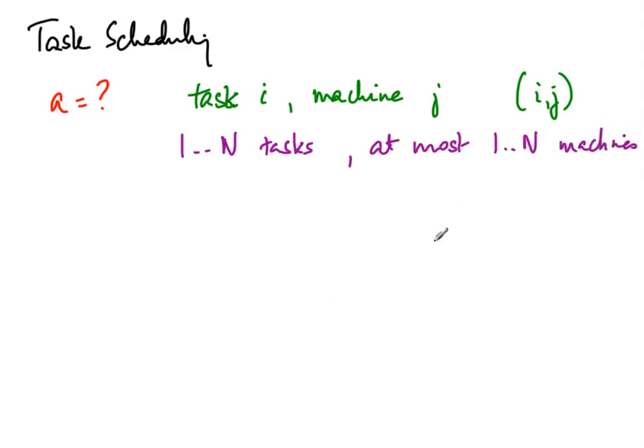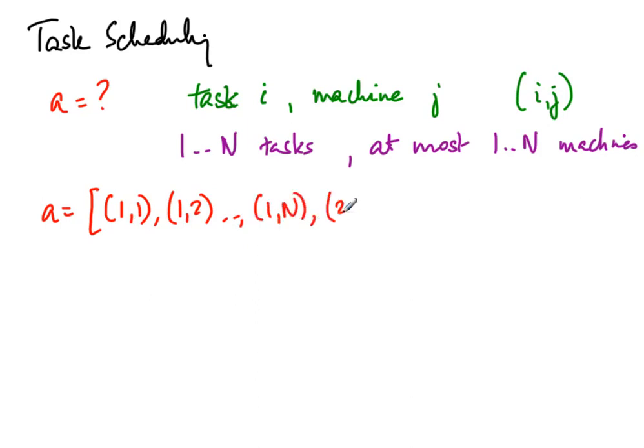What we want to do is, of course, process the tasks assuming that they are in starting order. So A would be the set of all possibilities starting with assigning 1 to 1 or 1 to 2 or 1 to n, then assigning 2 to 1 or 2 to n, and so on, and then finally assigning task n to machine 1 or task n to machine n.